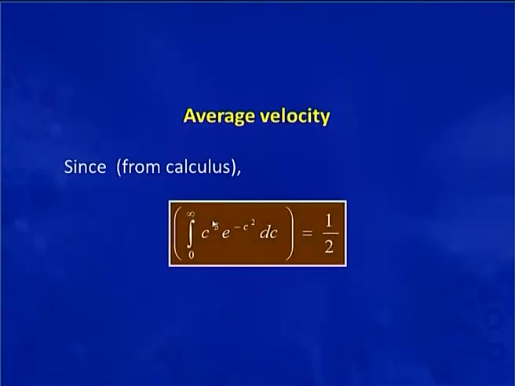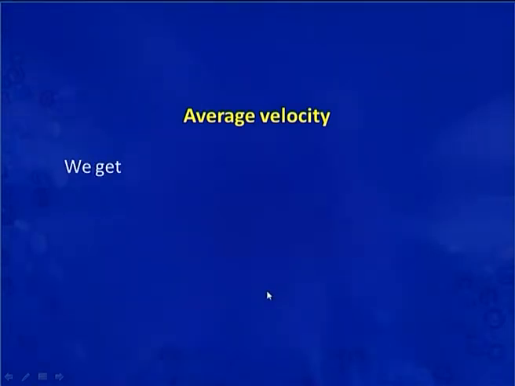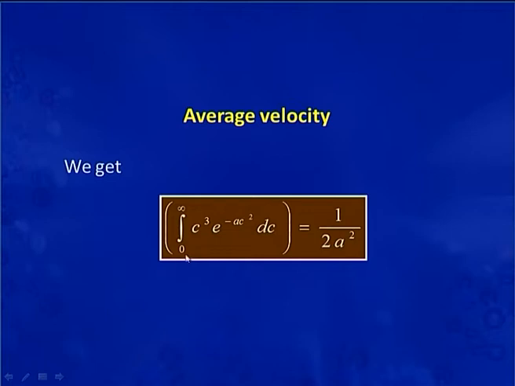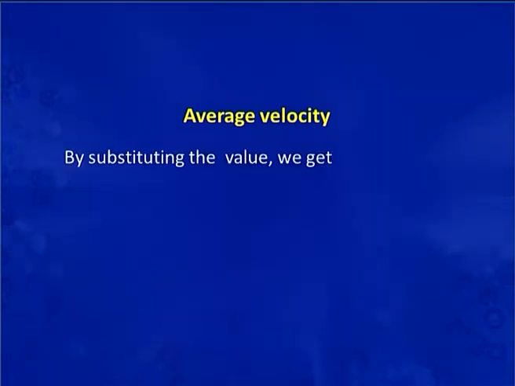Since from calculus, integration 0 to infinity c cube e to the power minus a c square into dc is equal to 1 by 2a square. So, now we will substitute this value in our equation.